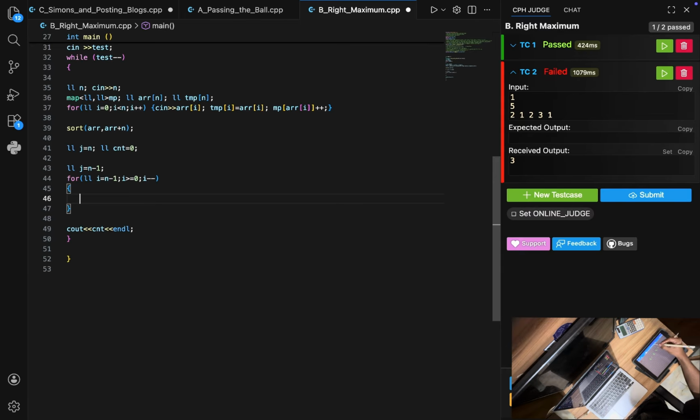I'll just come from here and see if it matches. If they don't, I'll just go plus one, plus one, plus one. Then remove this up to this point. I'll remove all of them, and also I have to see if the value is empty or not.